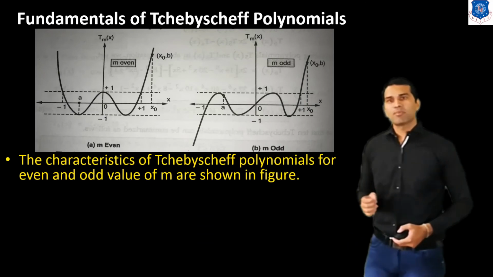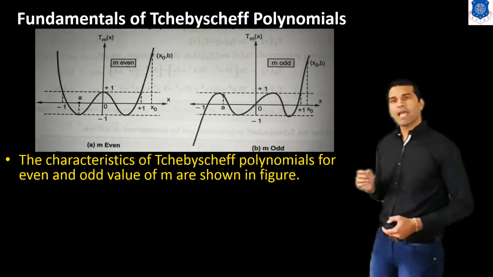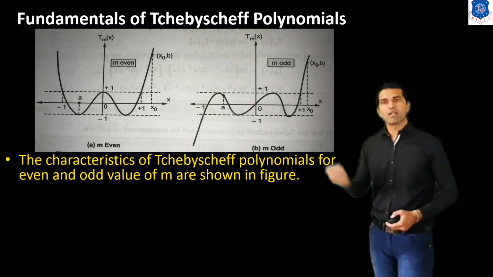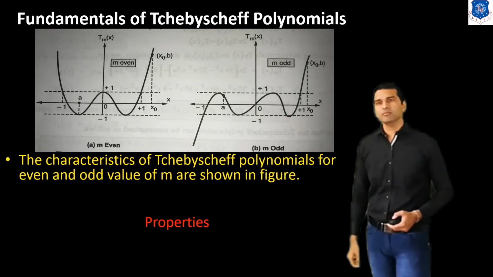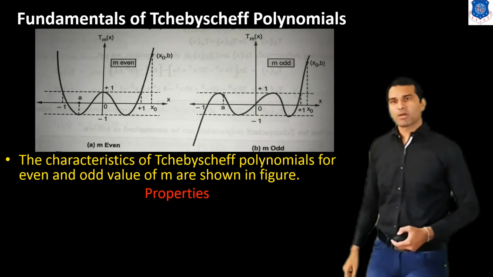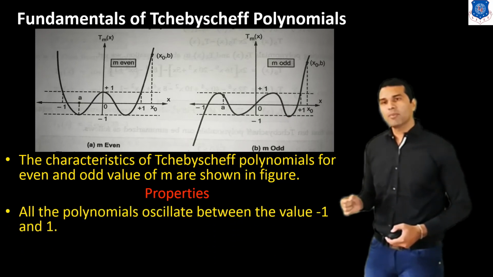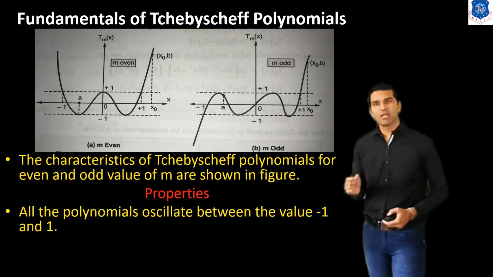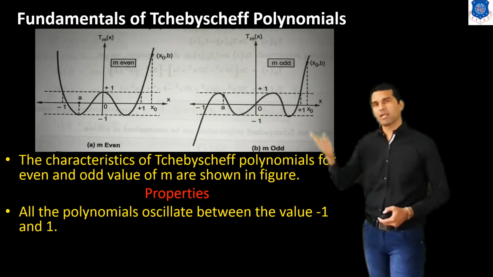The characteristics of the Chebyshev polynomial for even and odd values of m are shown in the figure. Now we discuss the properties. All the polynomials oscillate between the values minus 1 and 1.